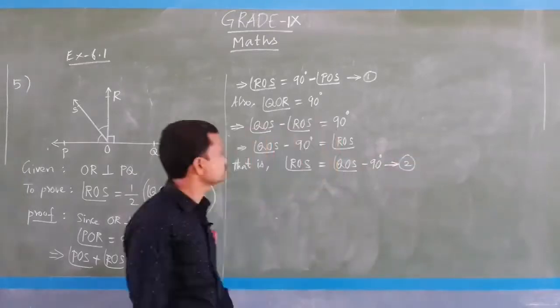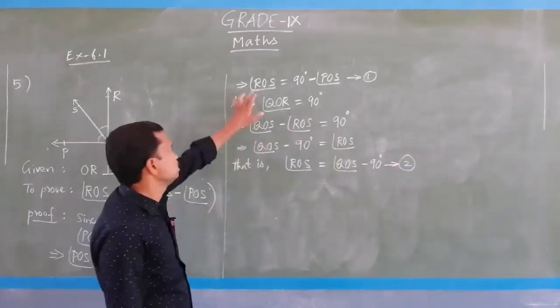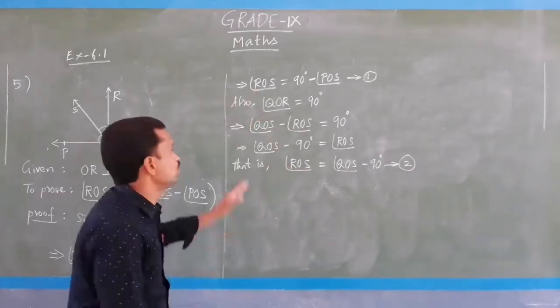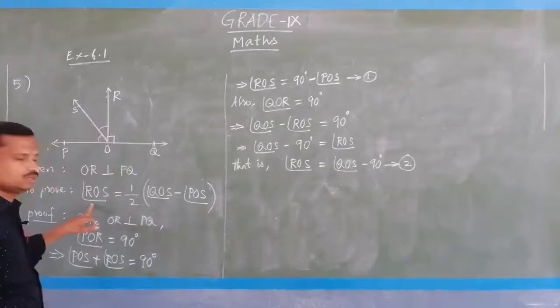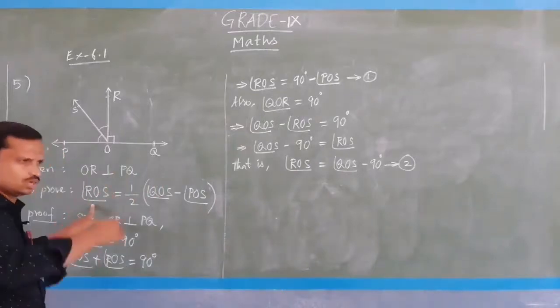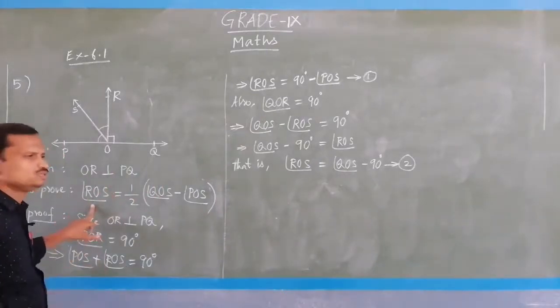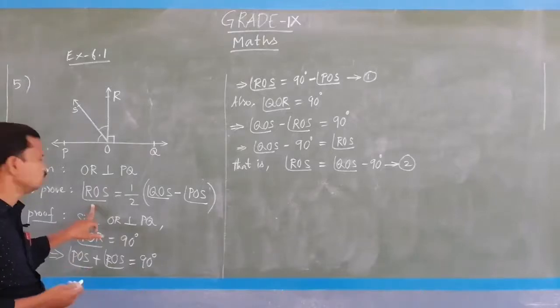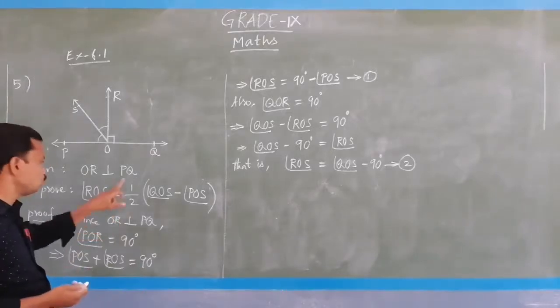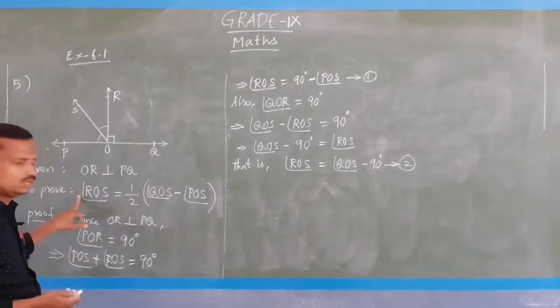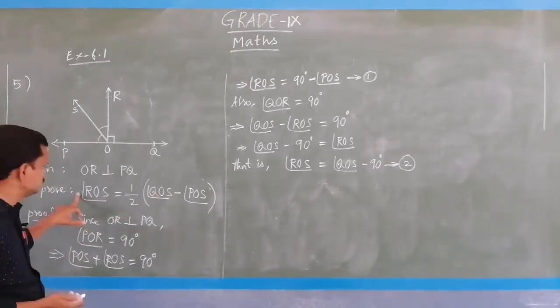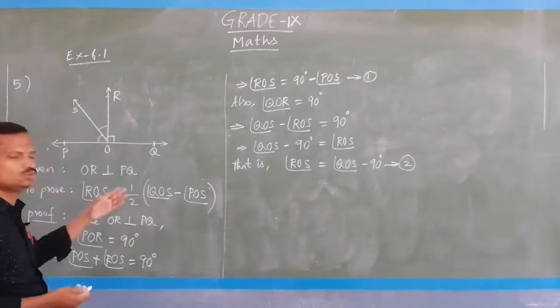So from 1 and 2, you see the left hand side is ROS. So what to do now? Here again we have to look at the proof part, then only it will be easy to get the proof. ROS is equal to 1 by 2, half, it is given. So if 2 comes here while transposing to right side, it becomes 1 by 2.